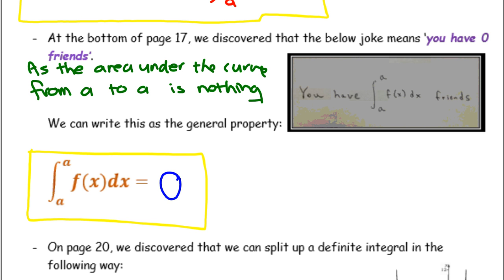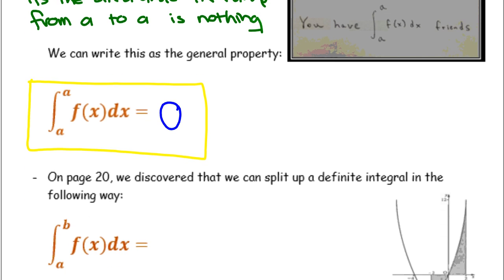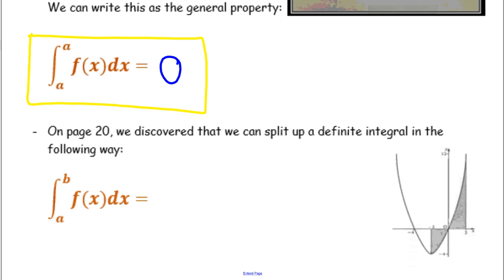Don't write something like that in your IAs. I was going to say it doesn't exist, but doesn't exist is kind of different to zero sometimes. So maybe that's why I changed it to nothing. So that's another little general property. That's a nice easy one if you get that one. You just go, yeah, it's zero, move on.